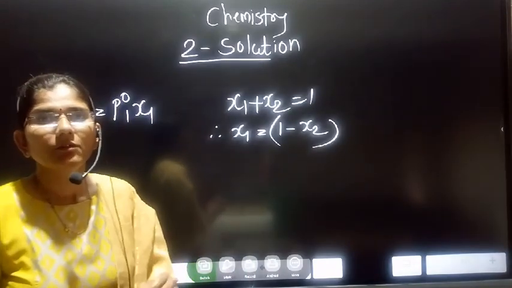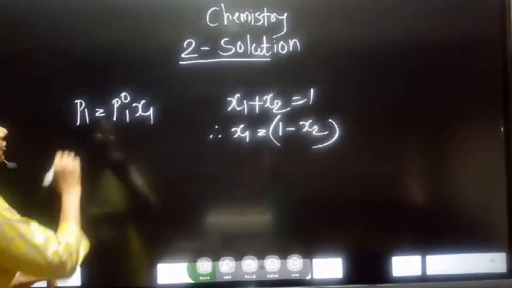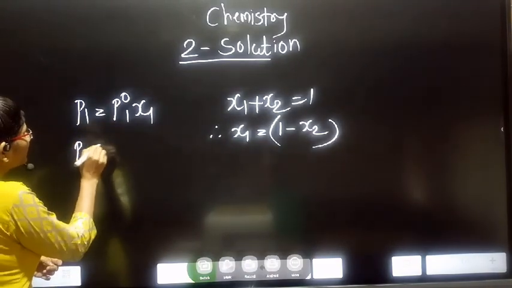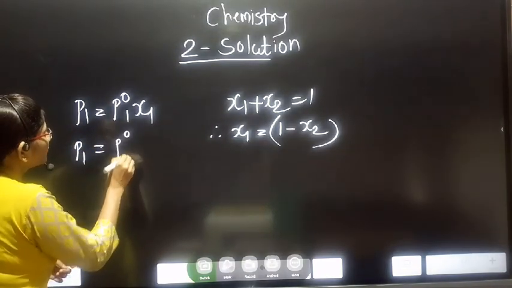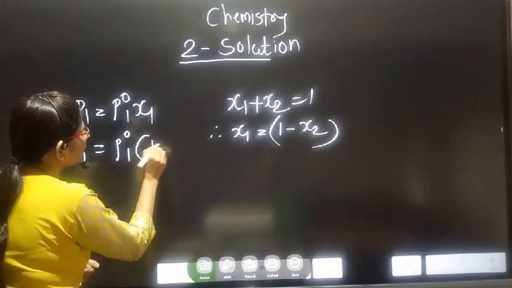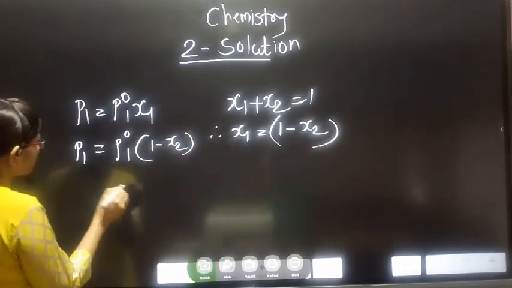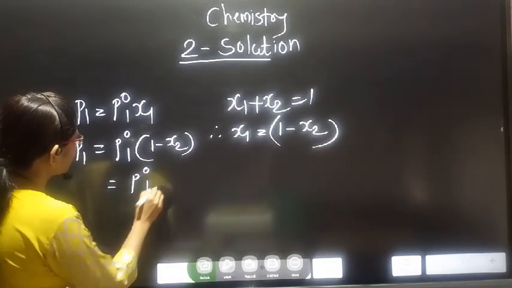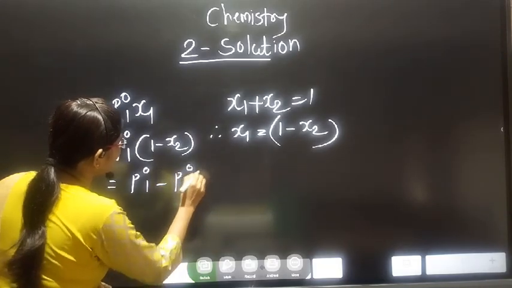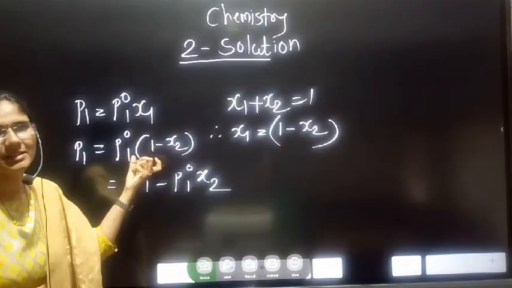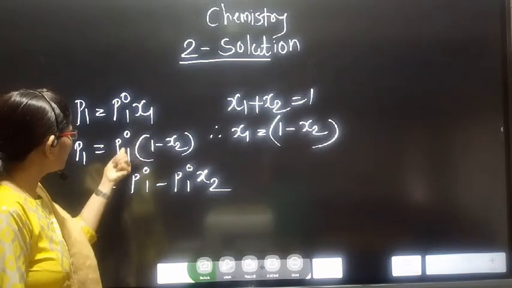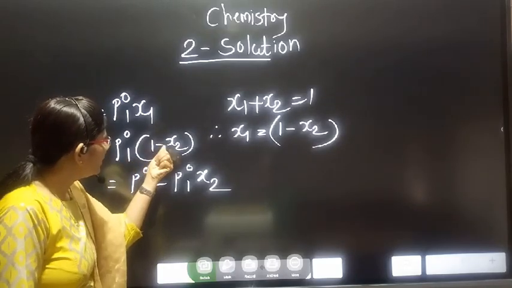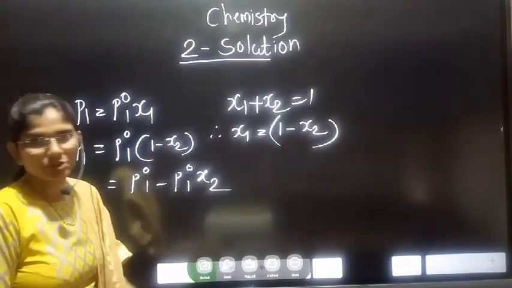If we put the value of X1 in this equation, P1 is equal to P01 into 1 minus X2. Therefore it becomes P01 minus P01 X2. If we simplify this bracket, we get P01 into 1, that is P01, minus P01 into X2.